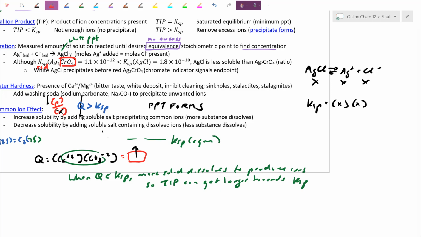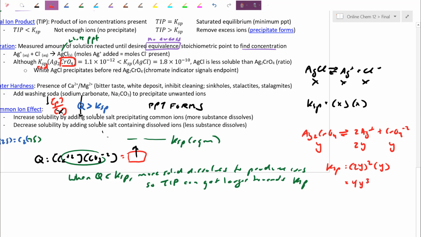What if I did it for my silver chromate? Eventually, when silver chromate actually solidifies out, precipitates out, it's actually in a 2-to-1 ratio. So if I want to dissolve, let's say, a y of this, I get 2y and I get a y. So therefore, the KSP is actually going to be (2y)² times y, which ended up being 4y³. So you see that they're not necessarily on a level playing field here.